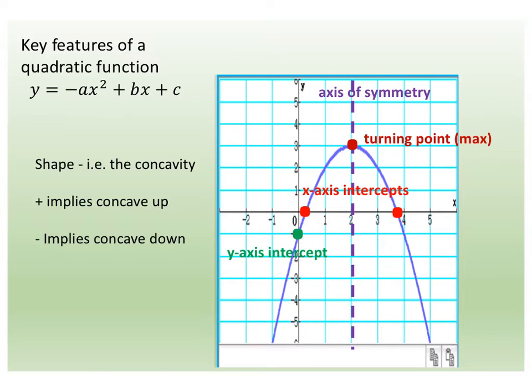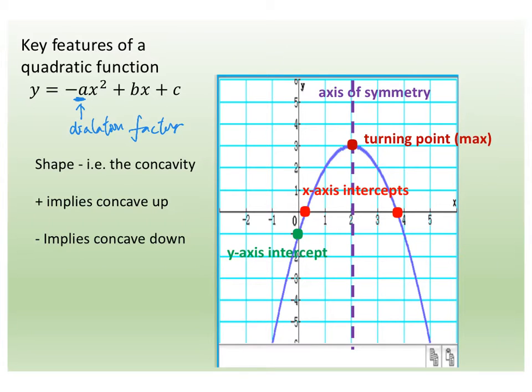Let's have a quick look at the key features of a quadratic function again. This time, the most important thing here is a. It gives you the dilation factor. It's either narrower or wider than the basic parabola.